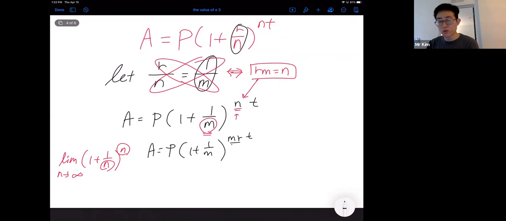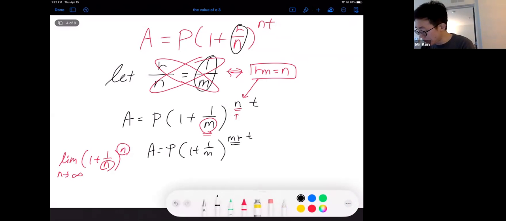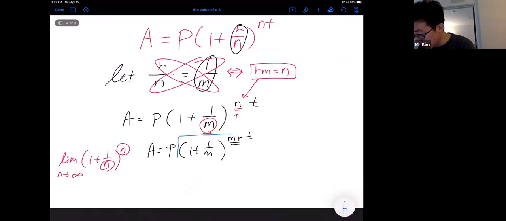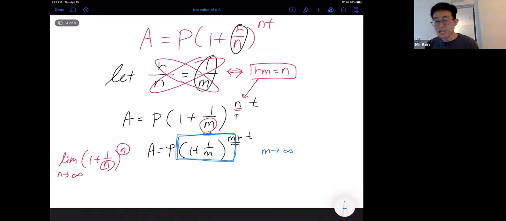mrt. Now, the reason why I want to write m first is that if you just take a look at this component right here, if we're talking about continuous functions, that means that m is approaching infinity because you're doing this an infinite number of times within a given span of a year. That's called continuously taking the interest over the span of time.